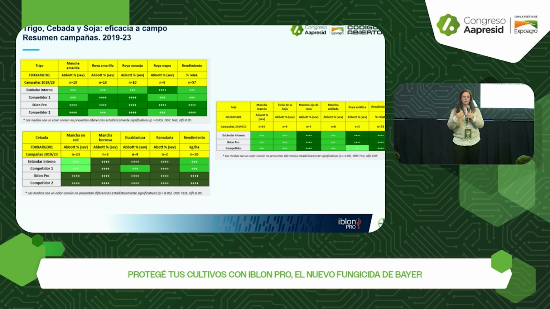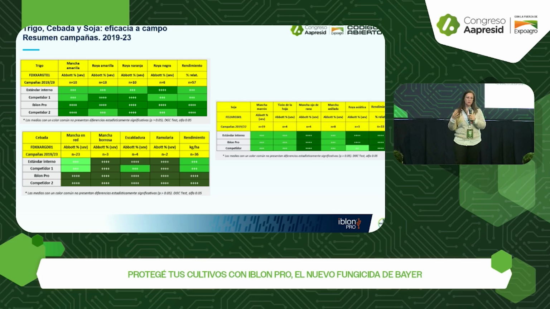Isoflucipram will bind to the action site in a way that is different from the other carboxamides. With proteconazole, we see the same thing. It binds to the action site in a different way.